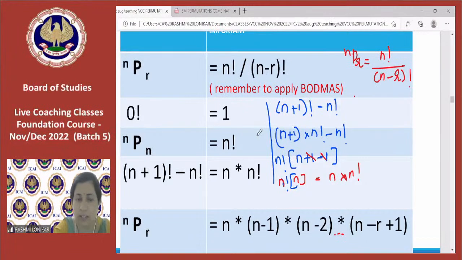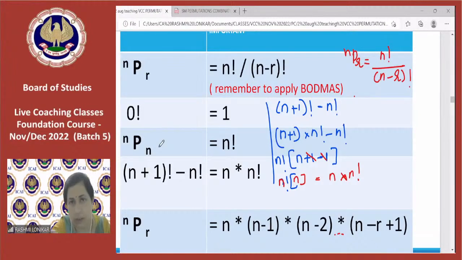0 factorial is always equal to 1. You can get this as a direct question also, or indirectly you may need to use it. nPn, what does nPn mean? It means I have n objects, and from the n objects I select all the n objects and then I arrange them.